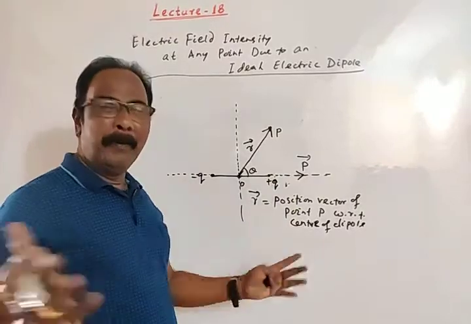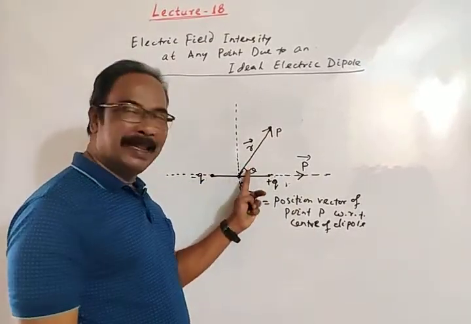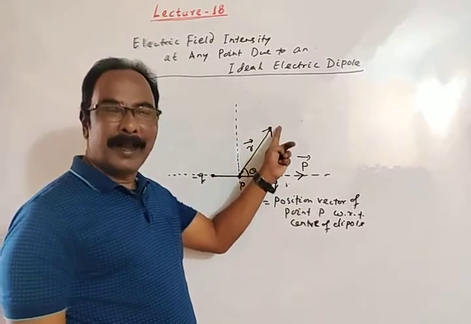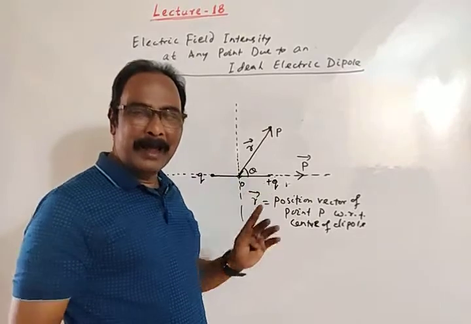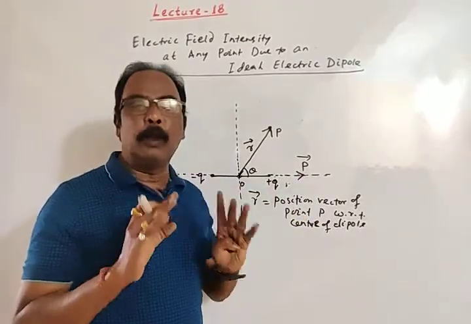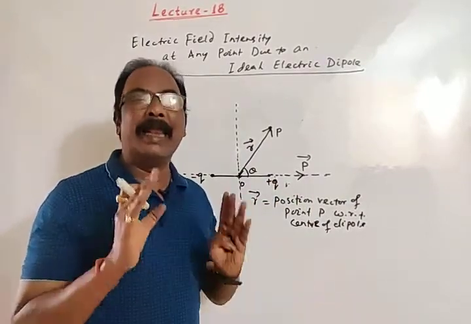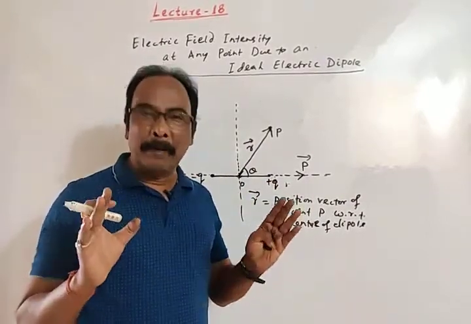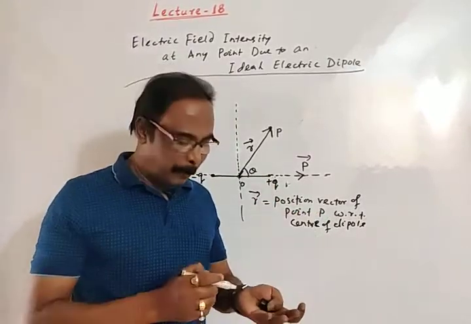Dipole moment is a vector quantity. This is angle theta and this is a reference line to point P with respect to center of the dipole. Now let's resolve electric dipole moment into two rectangular components.